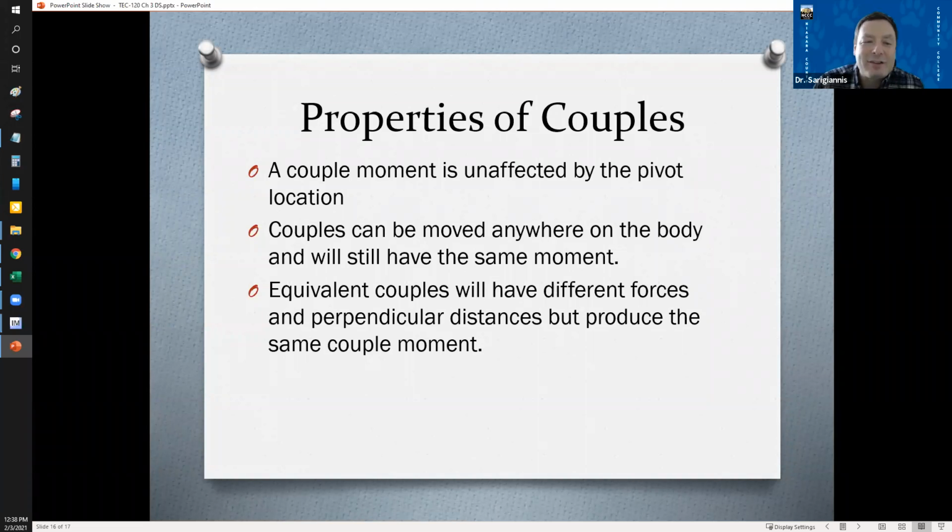A couple already takes into account force times distance, so you've got that baked into the couple. Equivalent couples have different forces and perpendicular distances, but produce the same couple moment. This is the same thing we covered in the last slide with equivalent couples.